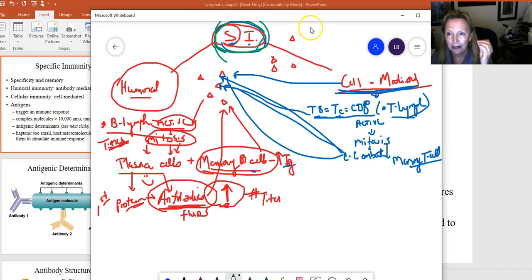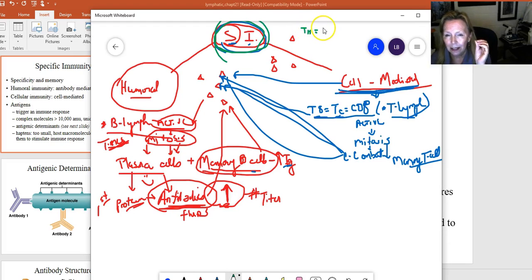Those cells, and again, it's not my fault, I'm only talking about one kind of cell, but it has different names that are still referring to the same cell. Depending on the lab, sometimes it will be called a helper T cell, with a little h of T cell.